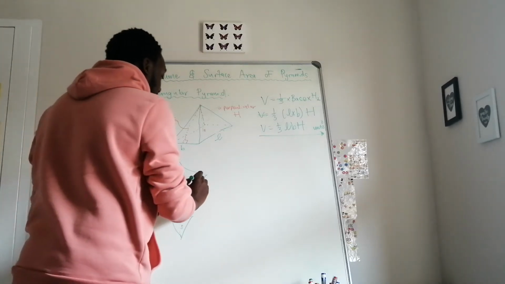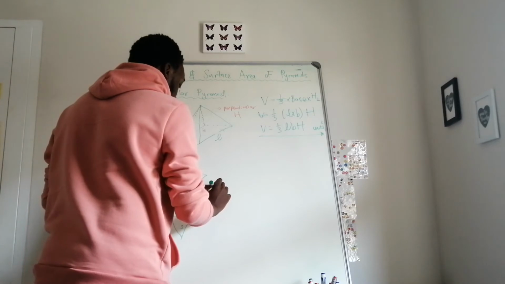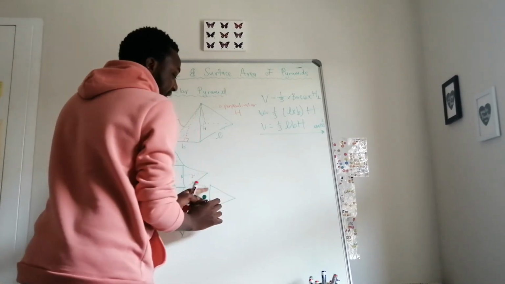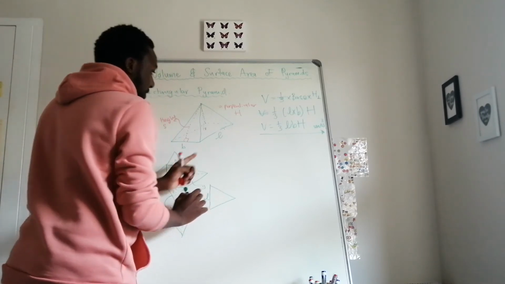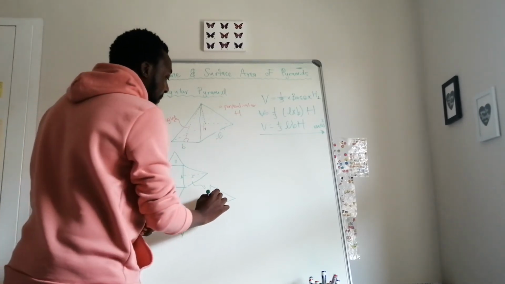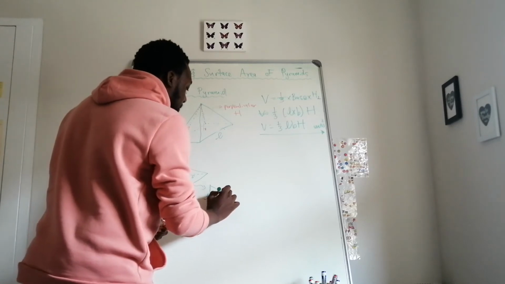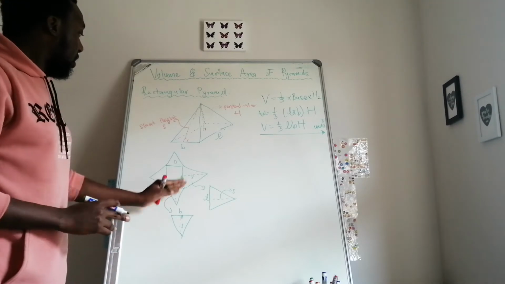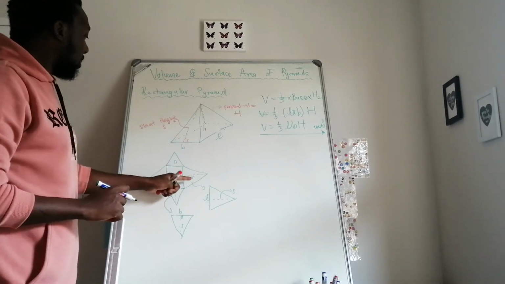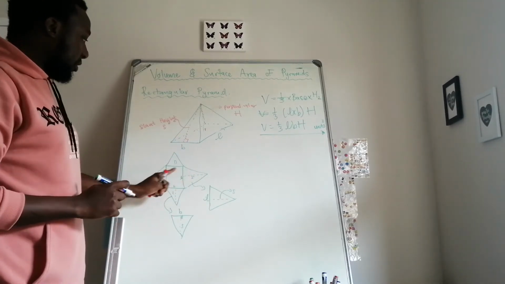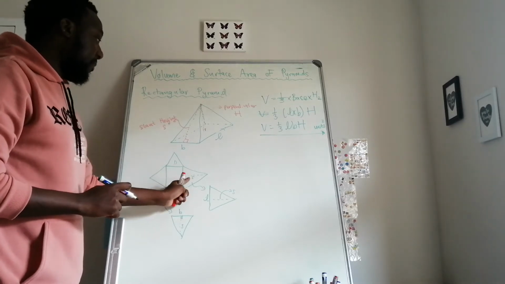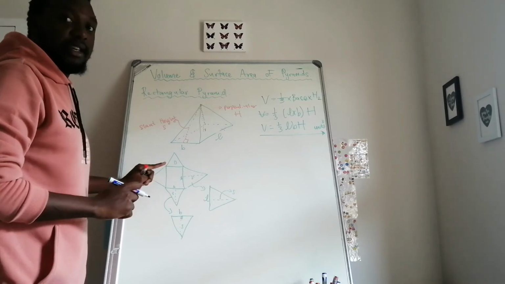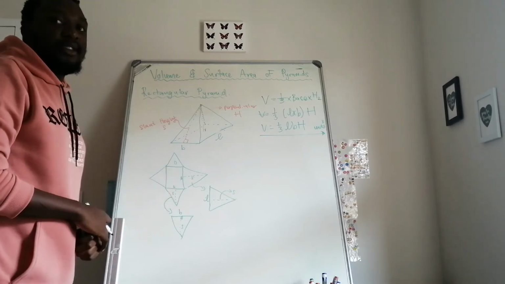For this triangle, on the other hand, the base is the length, and the height of the triangle is S. So I need to calculate the area of that one and multiply it by 2 because they're the same, calculate the area of that one and multiply it by 2 because they're the same, and calculate the area of the rectangle there.